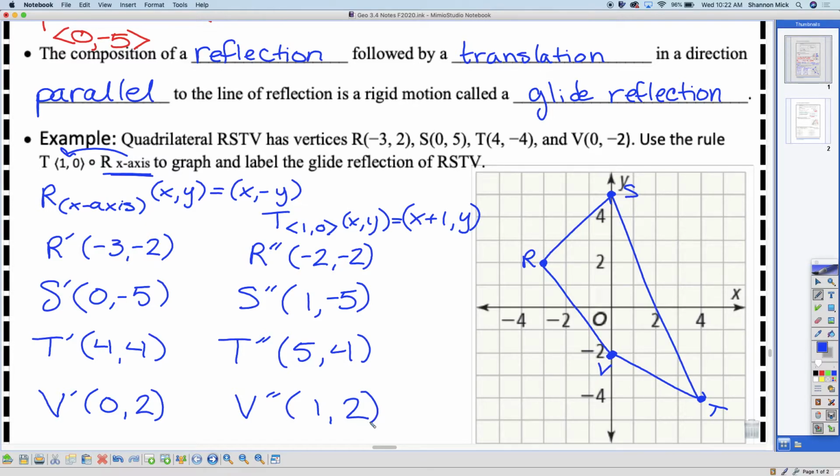So now let's graph it and see what we get. Okay, so R is -2, -2. S is 1, -5. I like to label them outside, but do remind me to label it, because if I label them before, sometimes they're inside and then I have to erase it and it's all a mess.